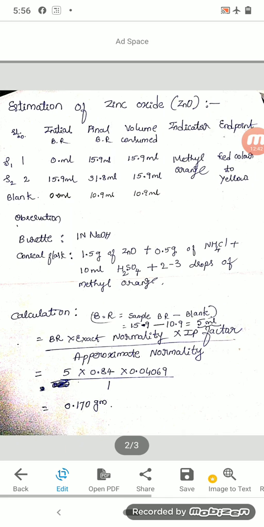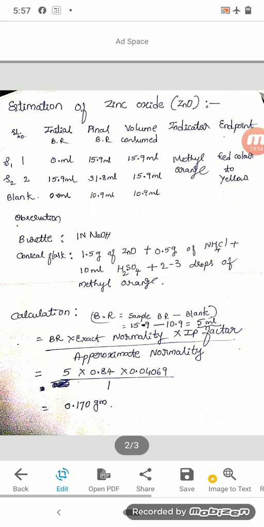Then the IP factor is 0.04069. Here the IP factor is nothing but each ml of 1 normality sulfuric acid consumes or neutralizes 0.04069 gram of zinc oxide. So enter all the data in the formula and calculate.